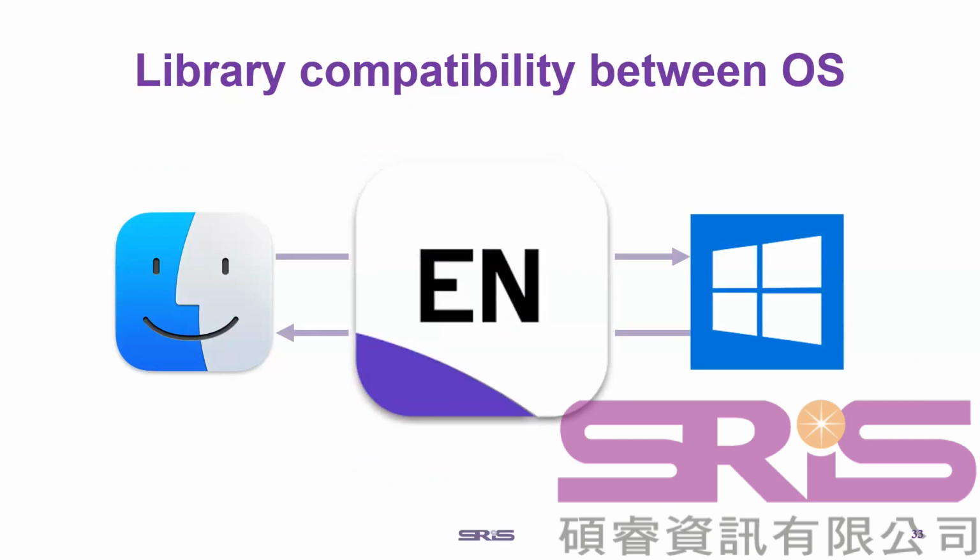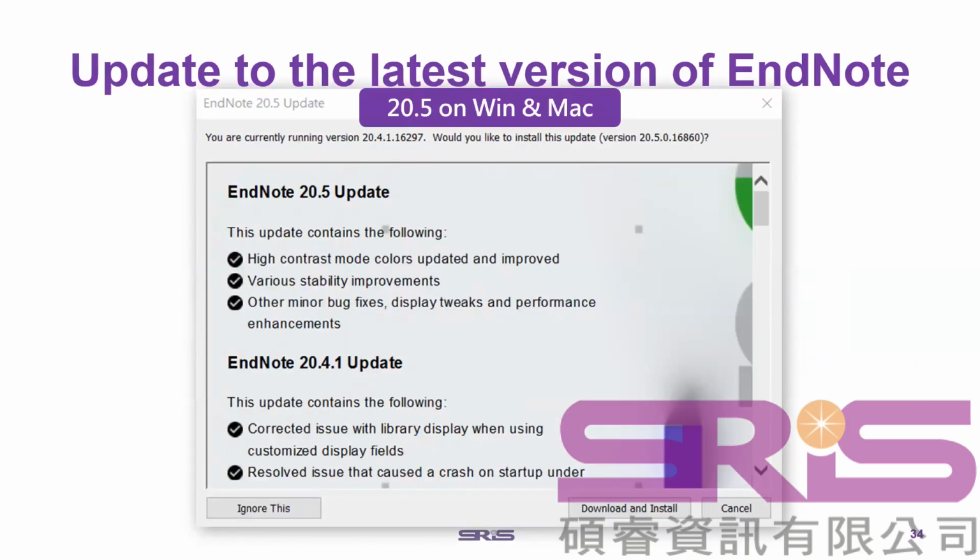Maybe you're curious about the latest version of EndNote. Actually, the latest version is 20.5, as I just mentioned, but if you download the EndNote program from NTHU, you will just get 20.4, but don't worry about it.